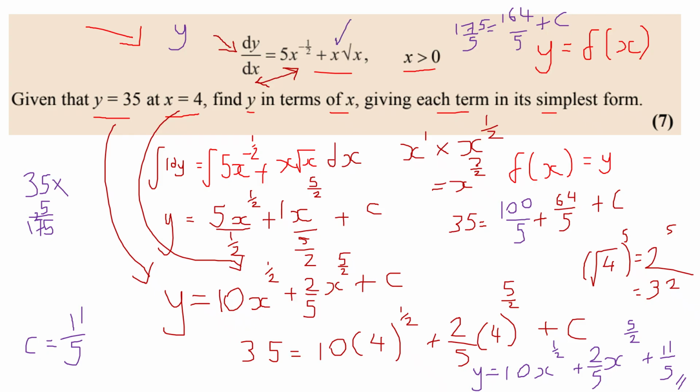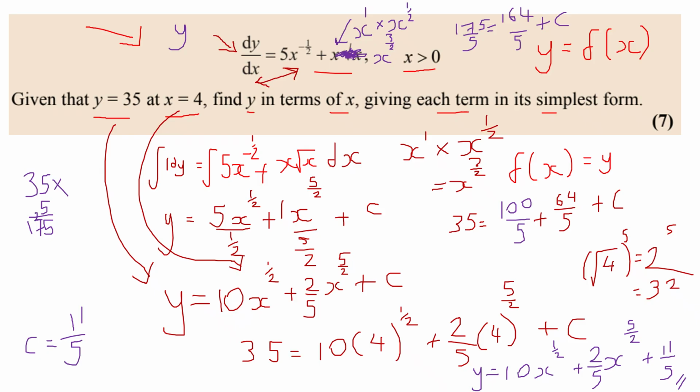Remember you have to change that to x to the power of 1 times x to the power of a half. I'm going to add my powers using my index laws, so it becomes x to the power of 3 halves there. Then integrate both sides: you add 1 to the power and then divide by that new power.